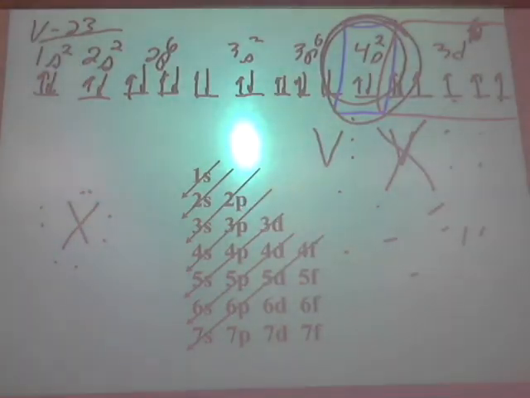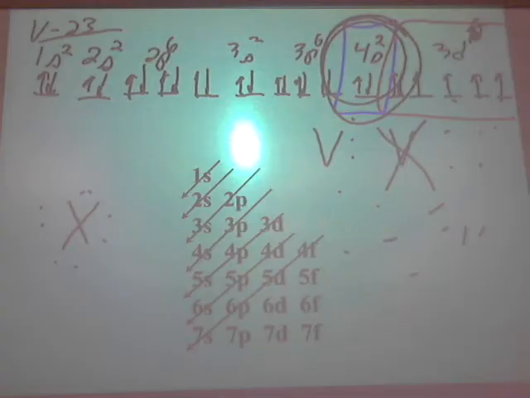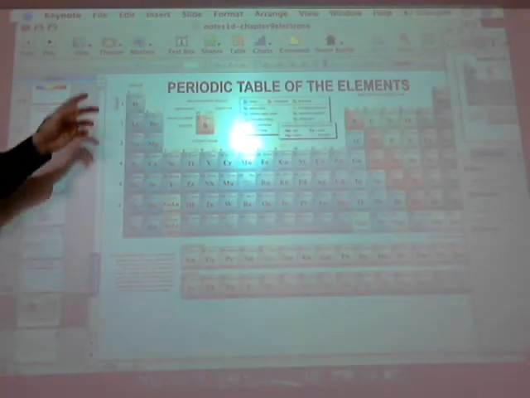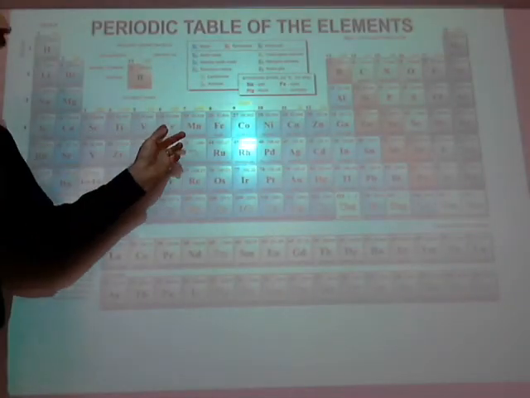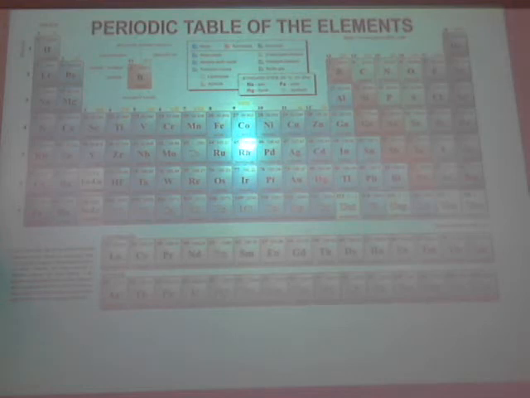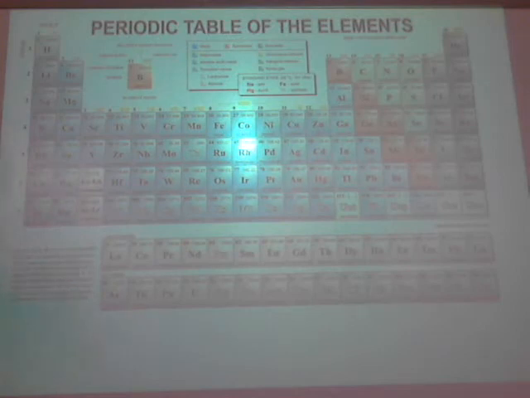Very interesting stuff. Now there is, by the way, an exception to that. A couple of exceptions, actually. I'm not going to make you memorize them. But in reality, there are a couple of guys around chromium and silver who, because of stabilities we're going to learn about, I already mentioned Hund's rule, electrons go one at a time, and the octet rule, things are more stable when they're full.